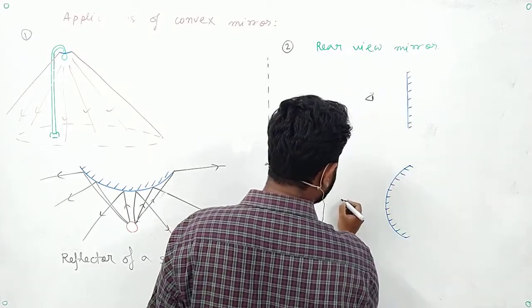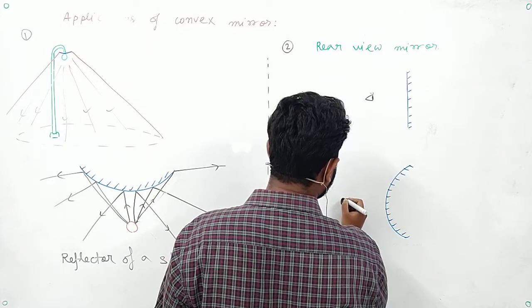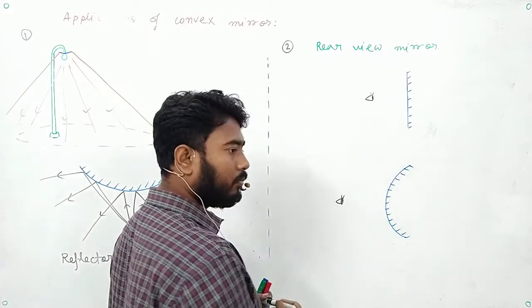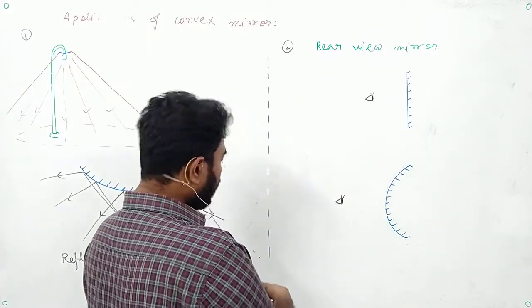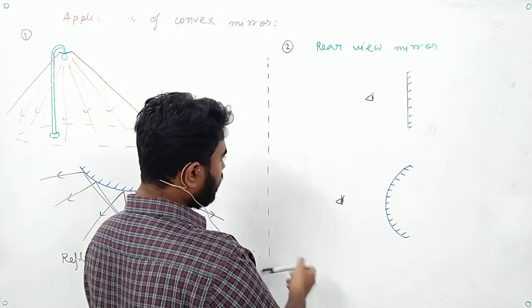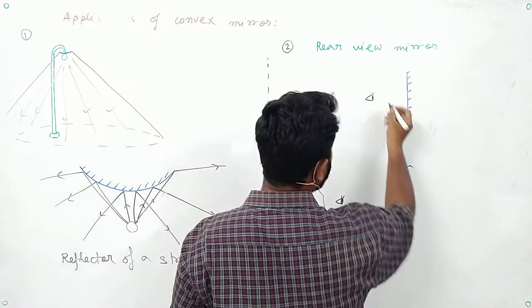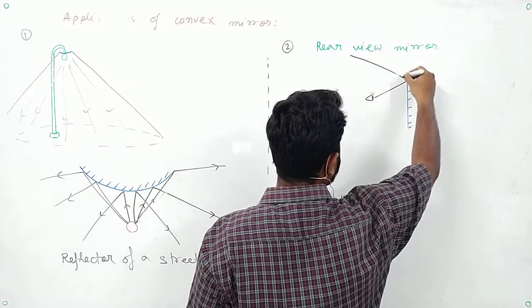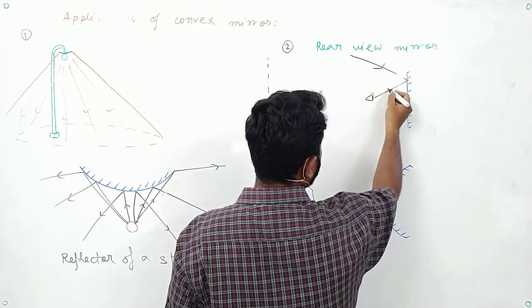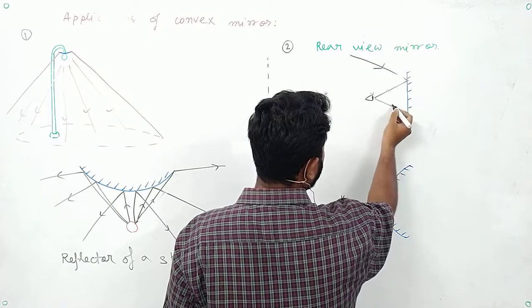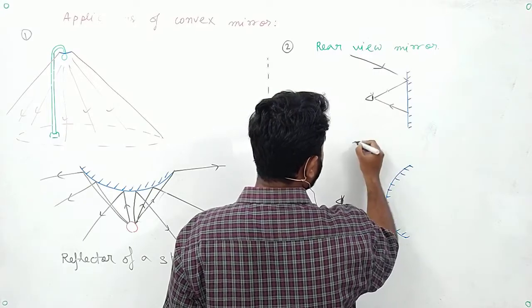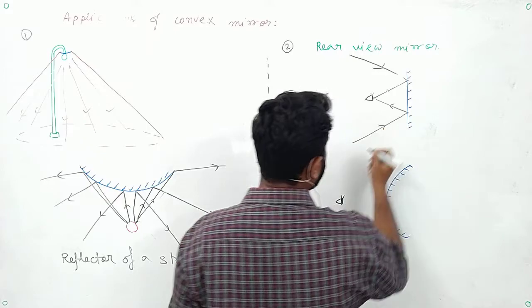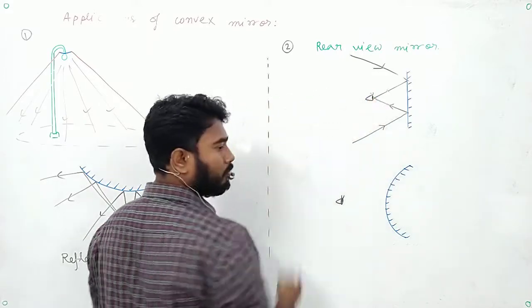In this case also, suppose you place your eye here. Now what will happen? In the first case, the rays of light will come from different directions and reach your eye.